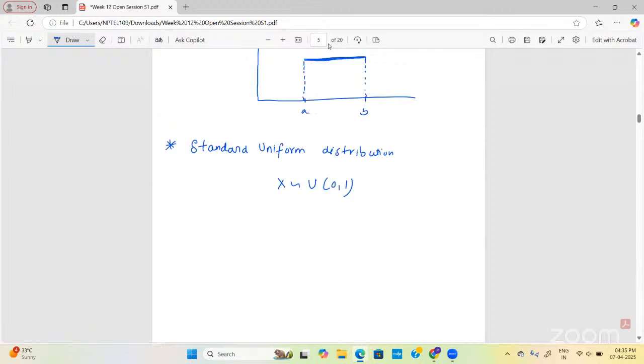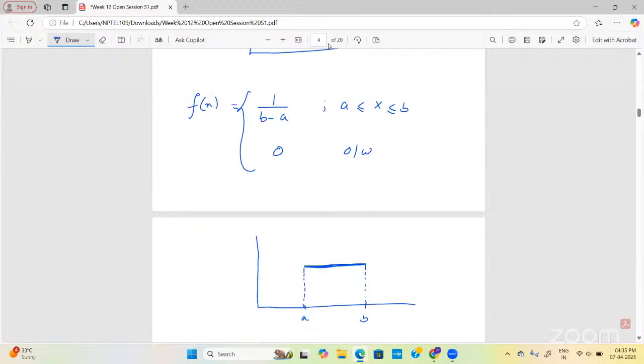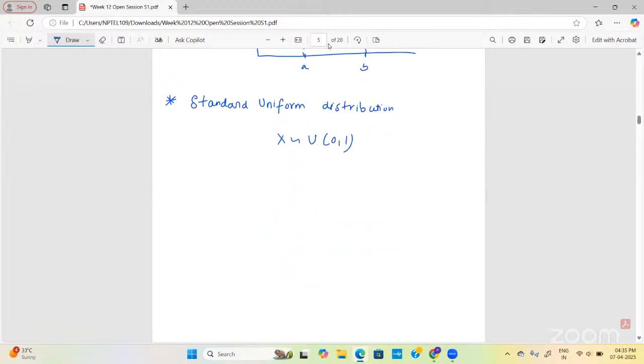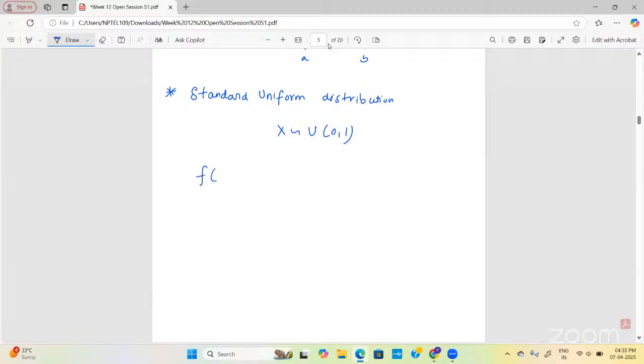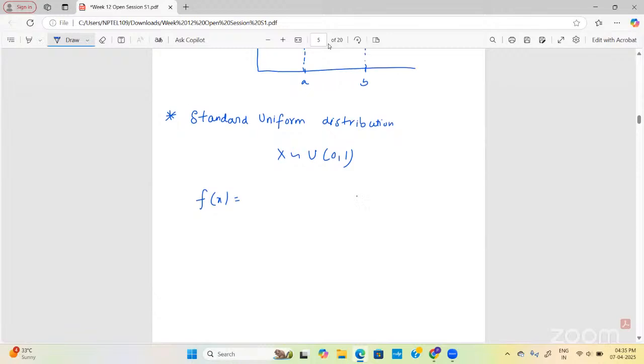Now you can use this PDF function and find the PDF for the standard uniform distribution as well. Can you tell me what the PDF will be here? It's 1. Okay, the range is from 0 to 1, and the formula is 1 upon b minus a, so 1 upon 1 minus 0, which will ultimately be 1, and 0 otherwise.